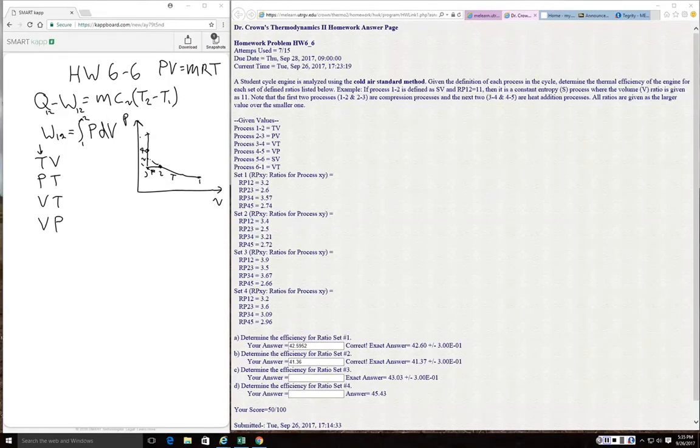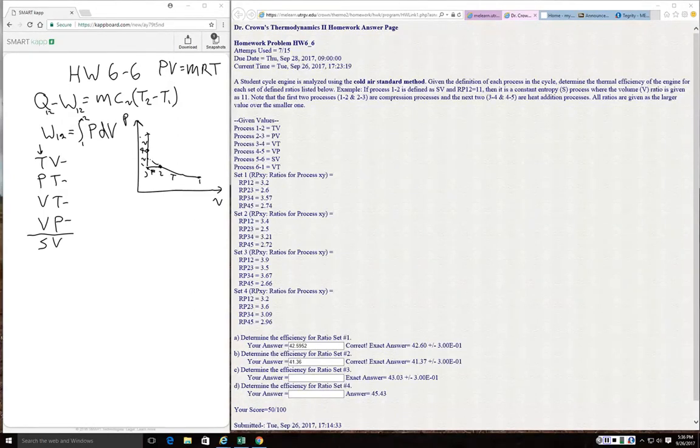Again, constant volume. The next process is a constant entropy process. Now these are the 4 ratios given. And from this point I don't have a ratio, although I could put one here. So I listed one, but we can find it, but these are going to be calculated.